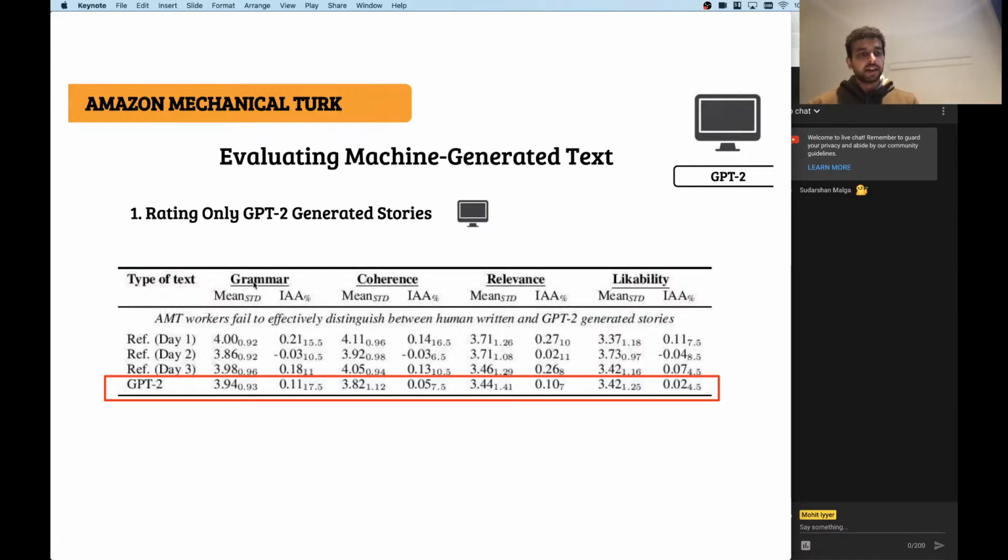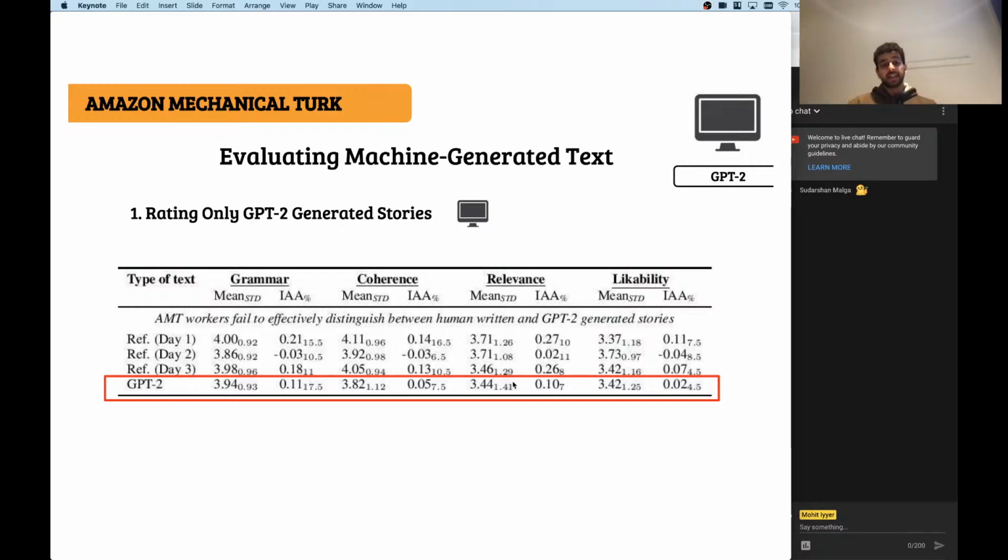So if you look at grammar, we had 3 different days where we rated the reference stories, and 1 day where we rated the machine-generated stories, and you can see that the mean score, this is from 1 to 5, it's hard to tell which one is more grammatical. Coherence, it's a little lower, but probably not significant than the human-written stories.